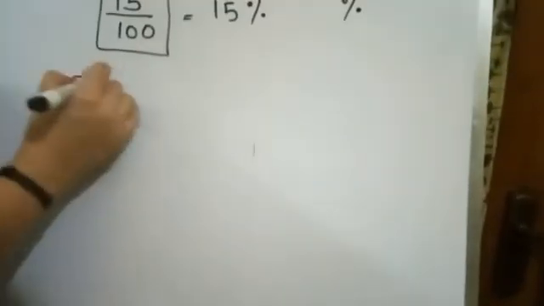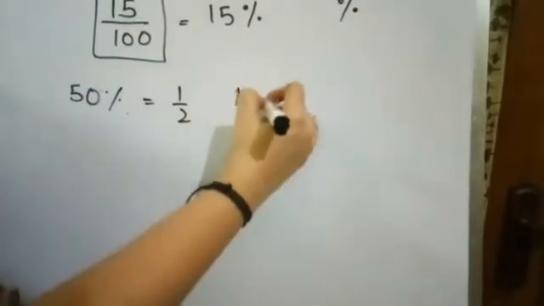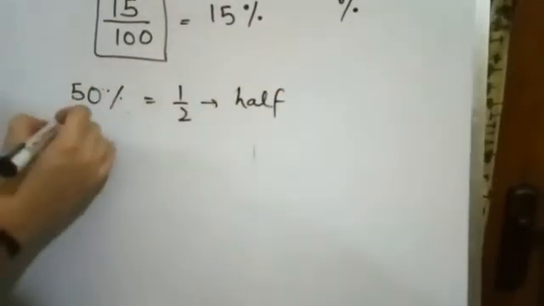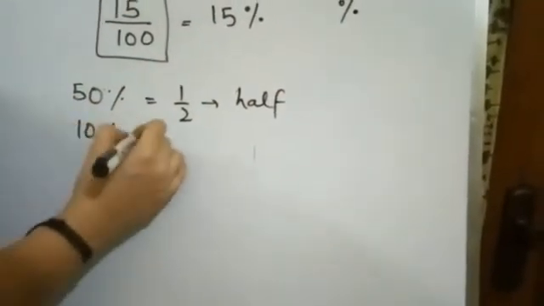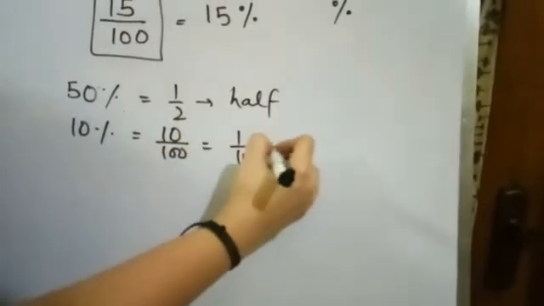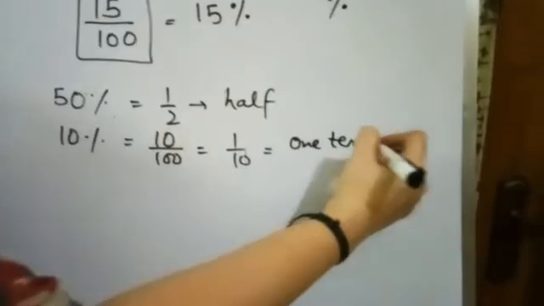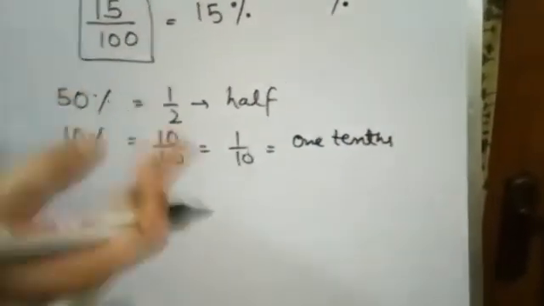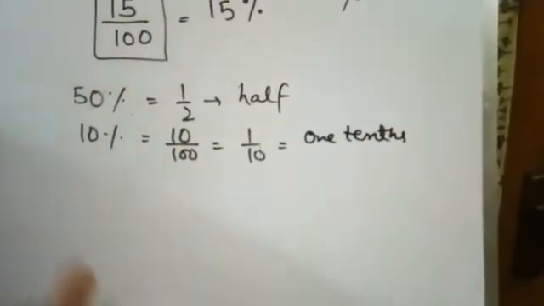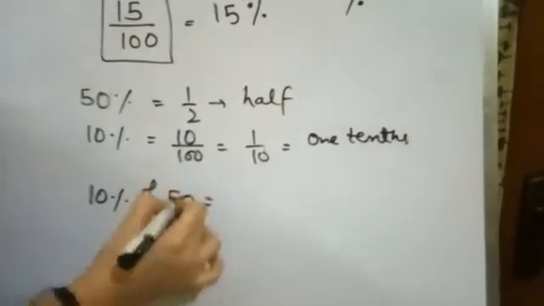Students, you can keep in your mind 50% means 1 by 2, half of the thing. 10%, 10 by 100, that is 1/10. You can calculate it directly without doing that calculation. Suppose 10% of 50: if I am taking 10% of 50, I am going to divide 50 by 10.